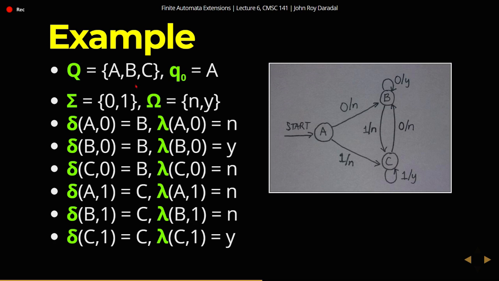Everything looks the same. We still have three states, A, B, C. Start state is A. Input symbols are 0 and 1, those are the transitions, and then the output is n or y. Those are the output symbols on the transition. And for the delta, we still define the transitions, and for the lambda we also define the output associated with each transition. Okay, so that's the example Mealy machine.